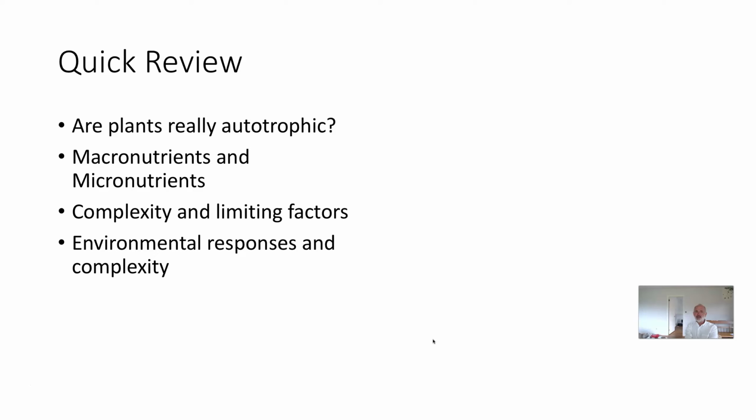We have this notion of macro and micronutrients, which are divided based on the amount that's needed by a plant. I do want you to remember nitrogen, phosphorus, and potassium, but I also want you to remember that each of these nutrients plays an important role, and that you can figure out what that role is for a particular plant. If you're trying to grow it and having problems, understanding those individual nutrients' roles can often be important in understanding what the problem might be.